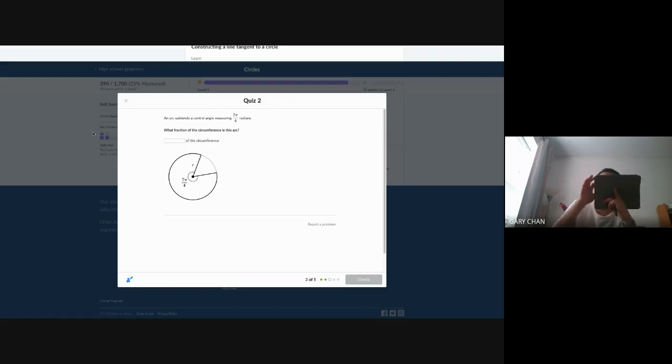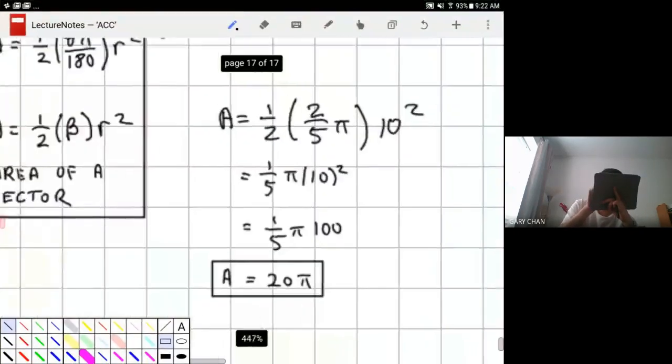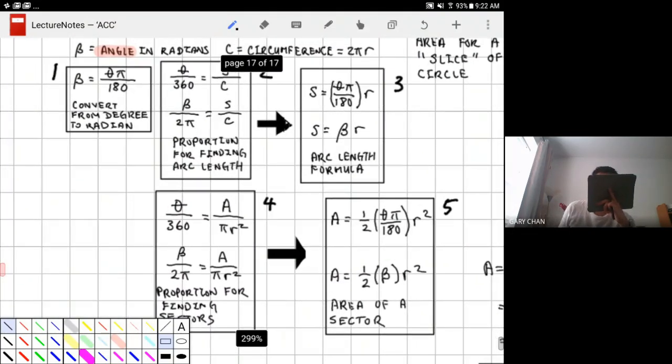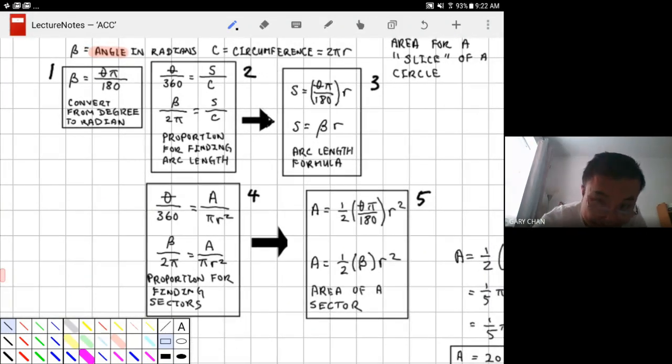So I'm going to show that screen one more time. Which formula are you going to use? The best way to think about this, in my opinion, is to not think of it formulaically, but to think about it logically, which is what boxes 2 and 4 are, kind of.